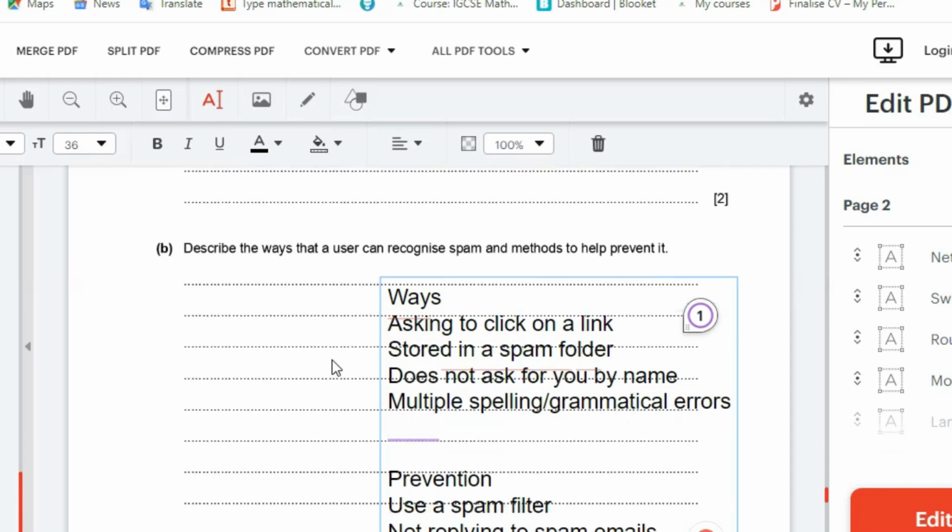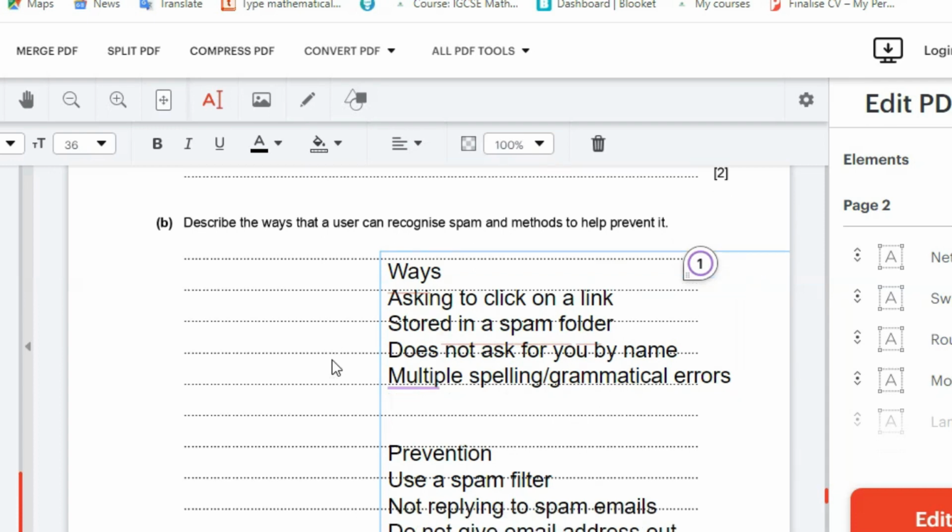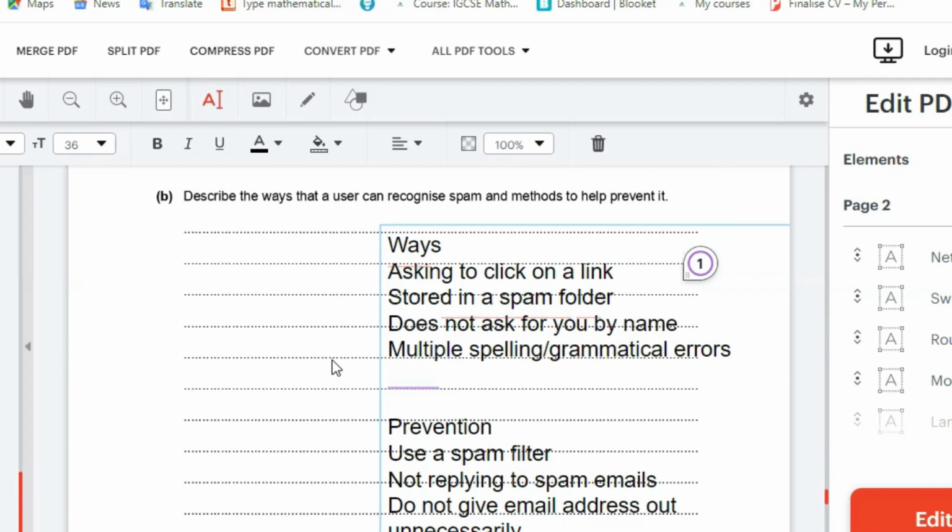3, do not give email address out unnecessarily. Then let's add one more to make it 4 also.